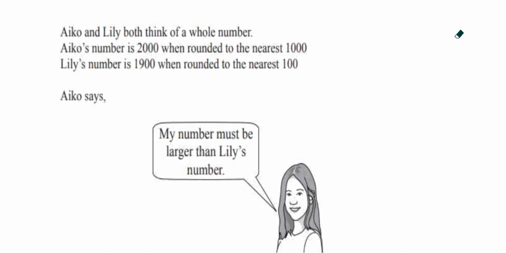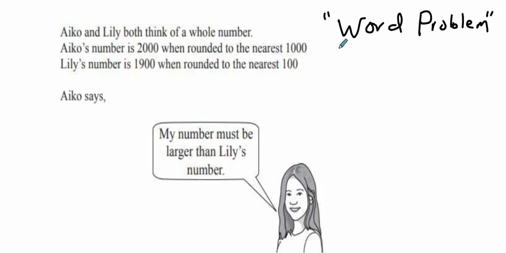Okay, let us see this other question. There is a conversation here. This is a problem-solving question. This is a word problem. So it's giving you a story. Aiko and Riri both think of a whole number.